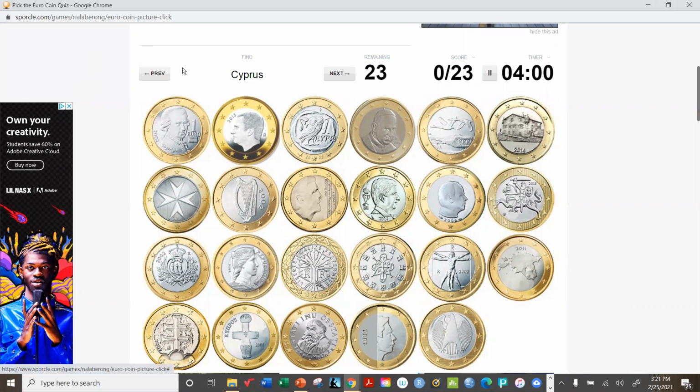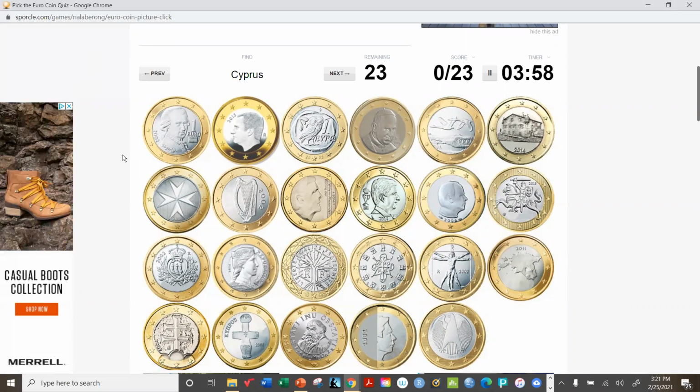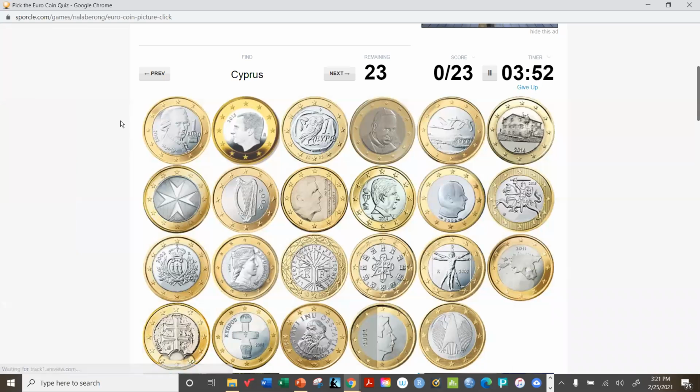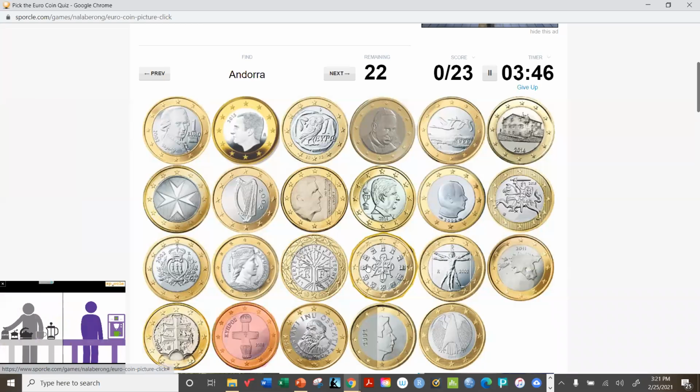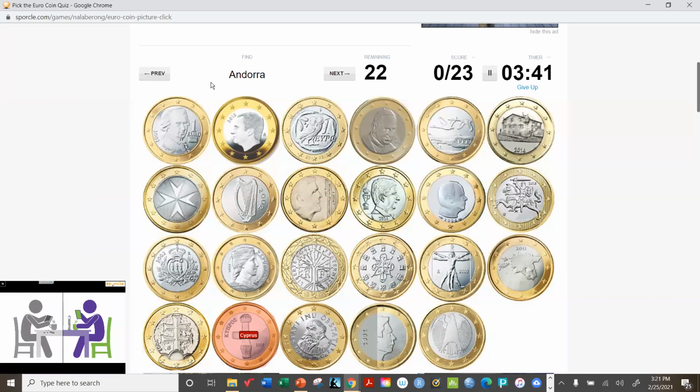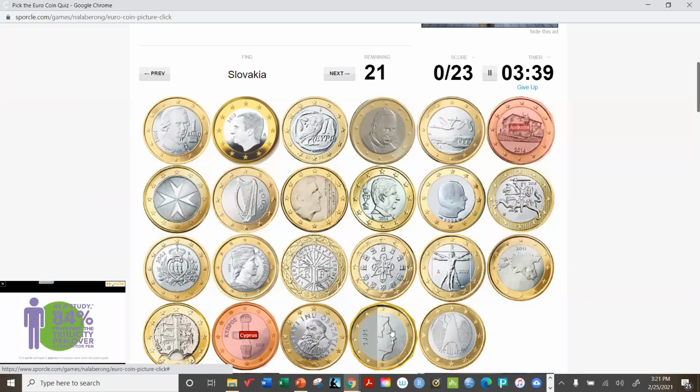So here we go. Cyprus. Who knows which one of these is Cyprus? I don't. I'm going to guess. How about that one? No. Okay. How about Andorra? How about that one? Oh. How about Slovakia?